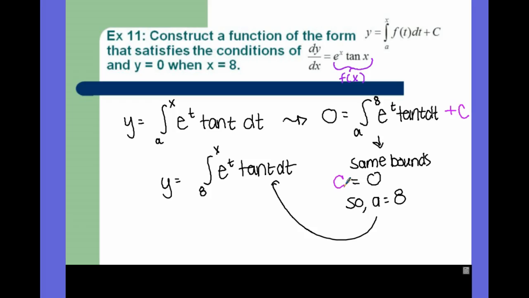So then why is that one down there not x to 8 or 8 to x bounds? So this is now saying we can find any y value that starts at 8, because the initial condition at 8 was 0.